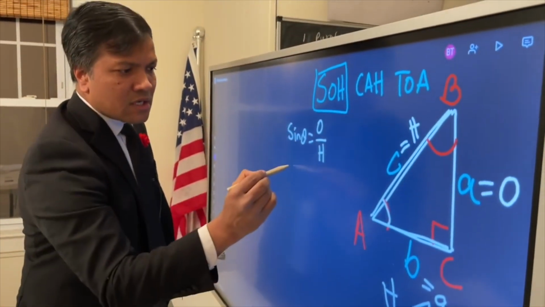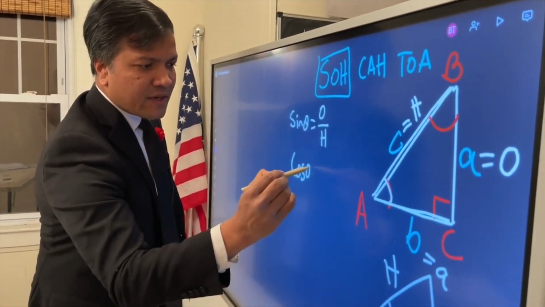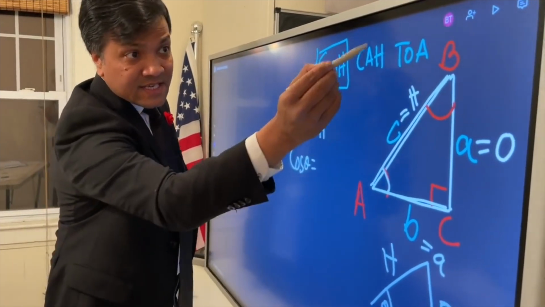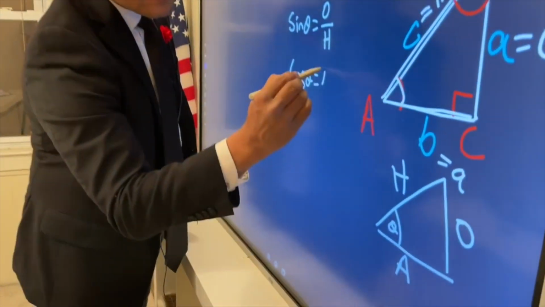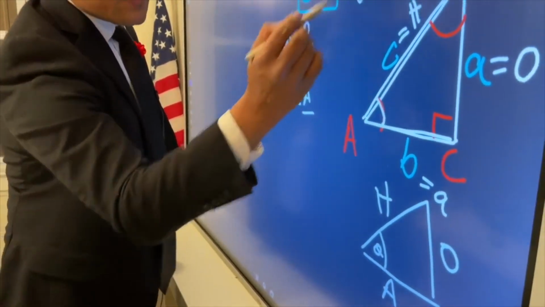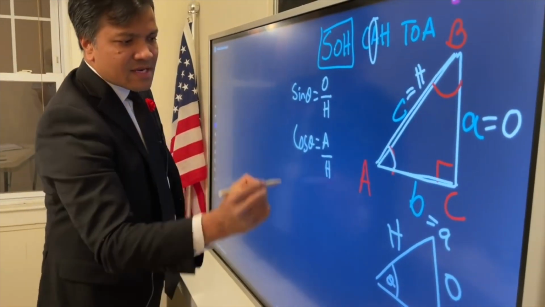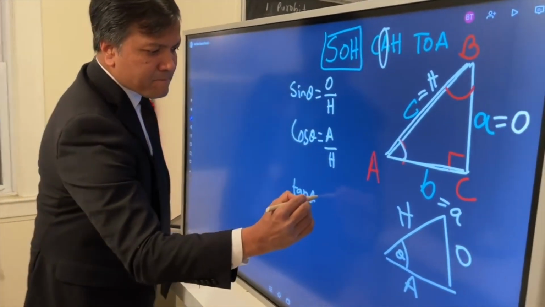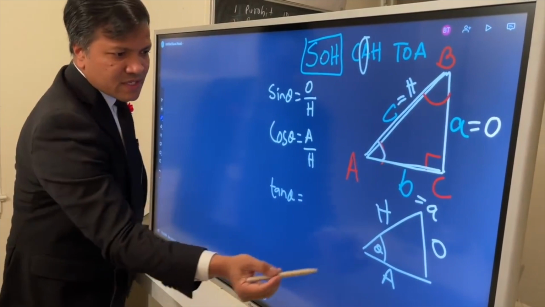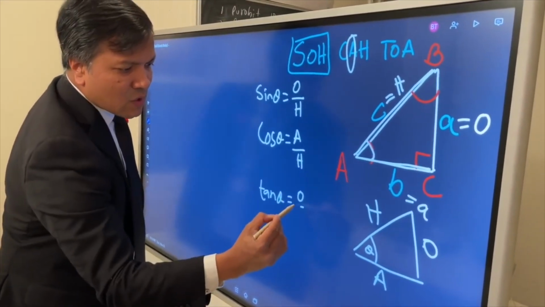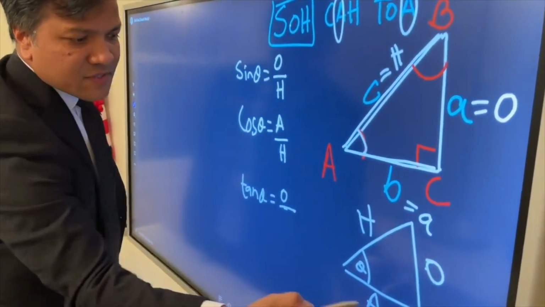So let's do cosine theta. So cosine theta is adjacent over hypotenuse. Alright, now tangent theta. Tangent theta is opposite over adjacent.